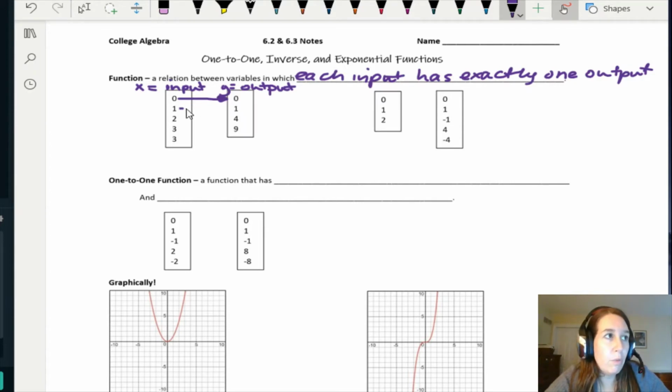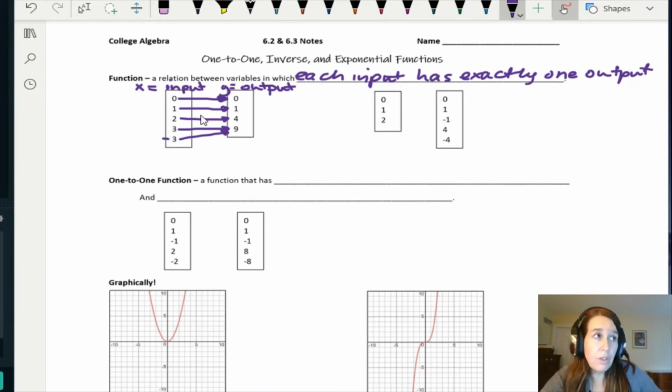When we put in 1, we get 1. When we put in 2, we get 4. When we put 3 into the relation, we get 9. And this is supposed to be a negative here. So when we put in -3, we also get 9.